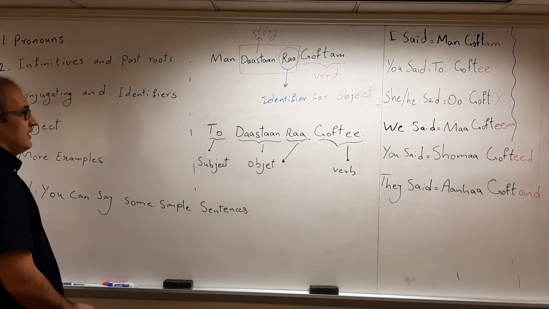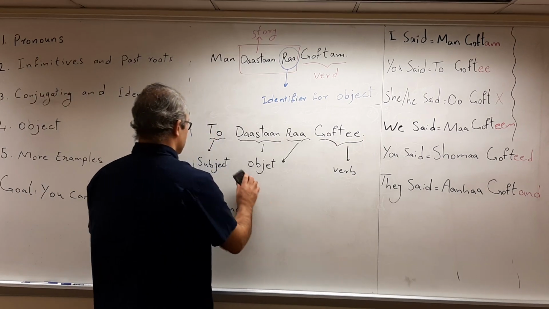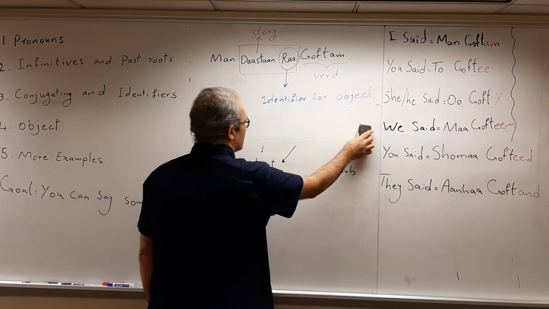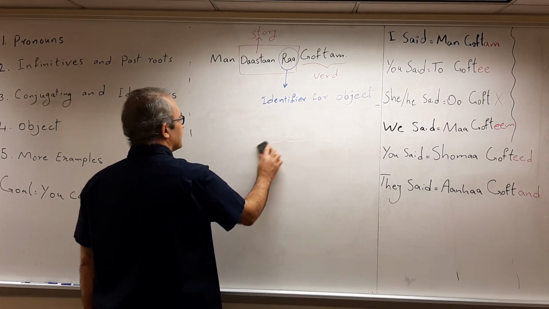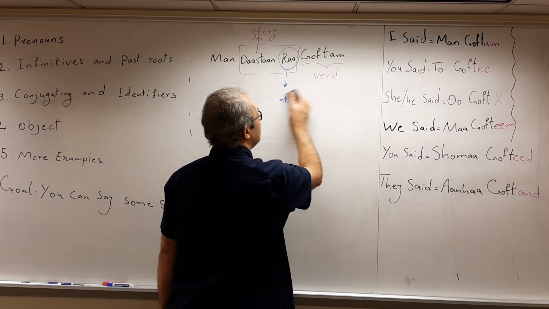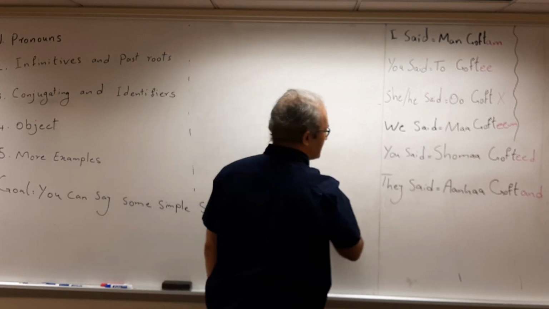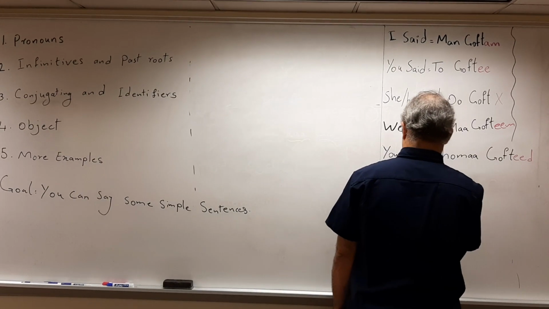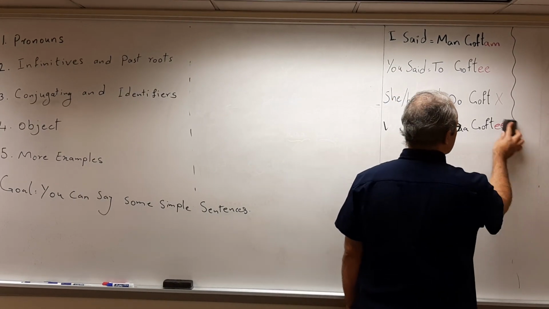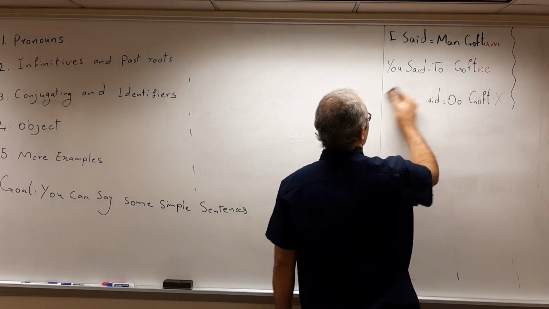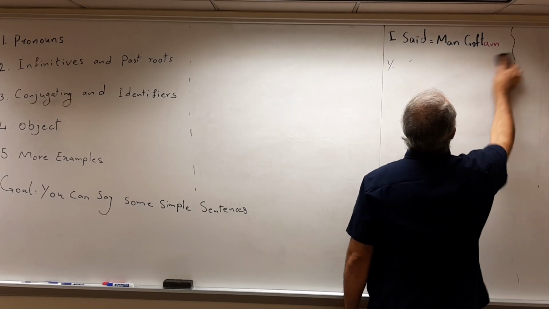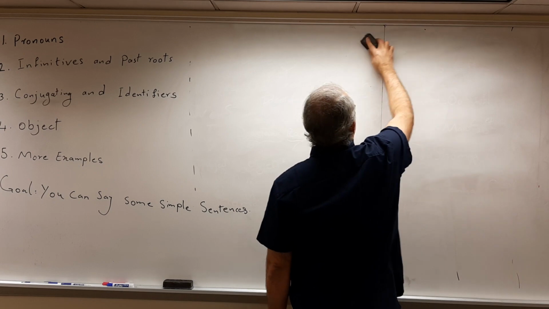Now, we want to practice with the infinitive دیدن, to see, and an object for that. Okay.